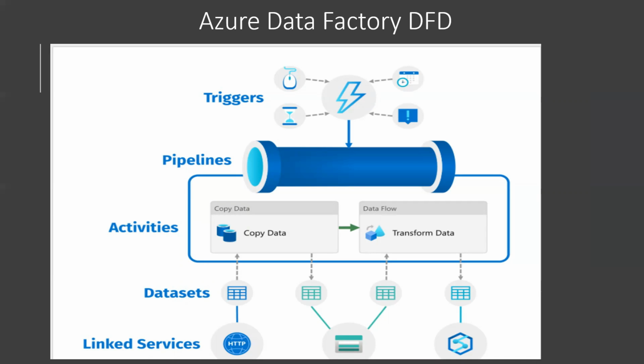So these are the activities, and we can say a combination of different activities is a pipeline. So a pipeline is basically a combination of linked services, datasets, and activities. So let's say you will import the data, and then you will do certain activities.